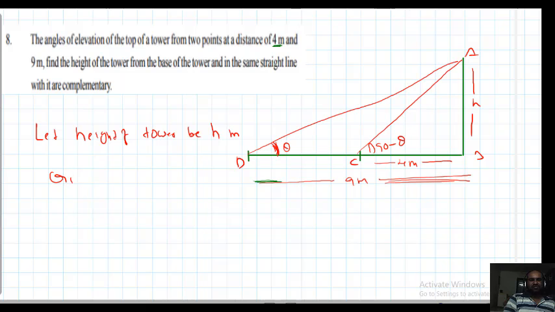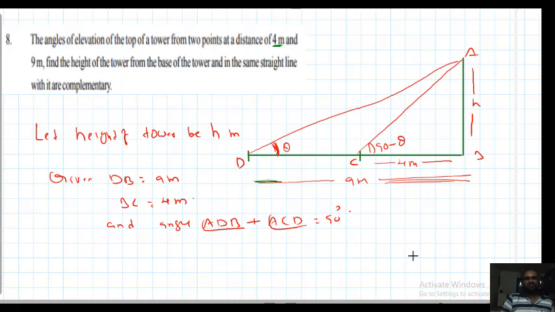Given DB equal to 9 meters and BC equal to 4 meters and angle ADB plus angle ACD equal to 90 degrees.